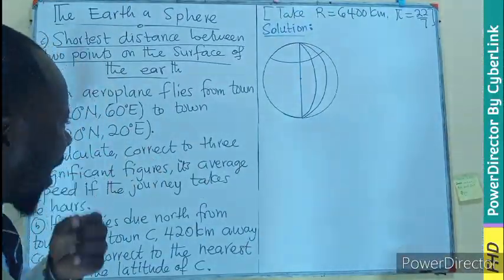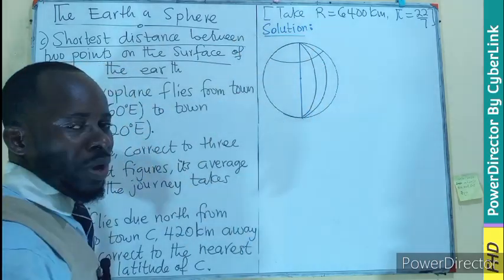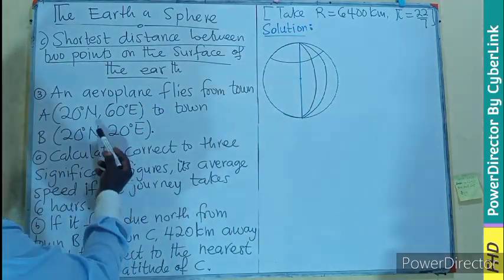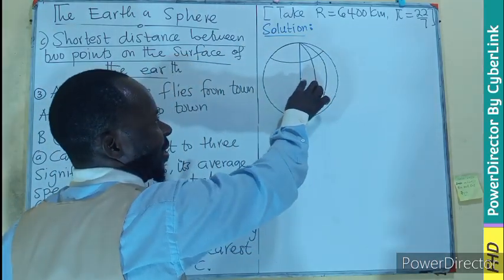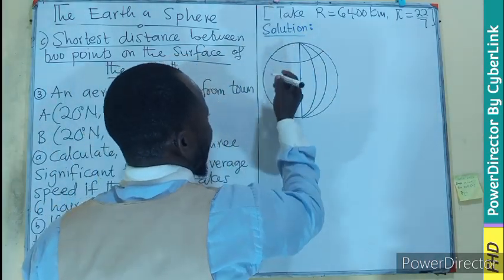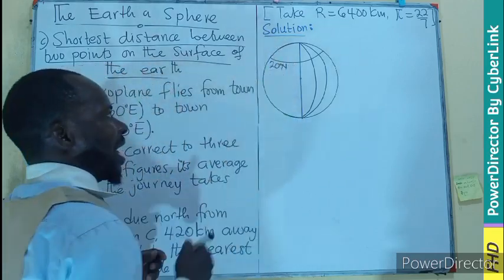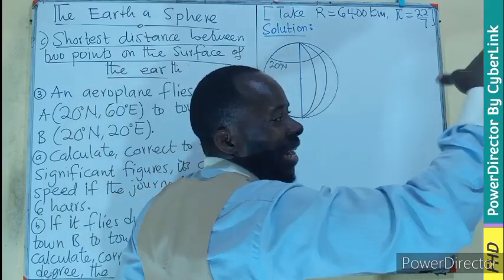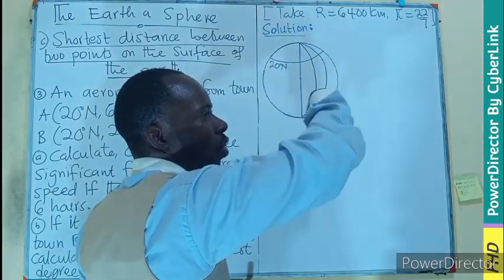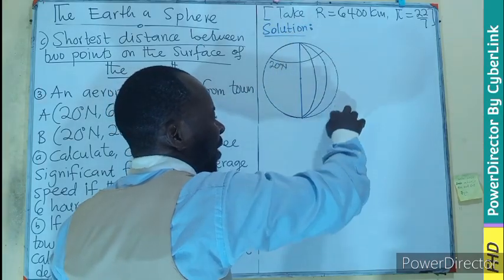Okay, remember the horizontal lines are showing the latitude. So latitude 20 north. This is the north, and don't forget the center is here. So let's indicate our 20 degrees north as the latitude. Then all of these are the east and they are all longitude. The first one is the smallest one, the bigger one follows.